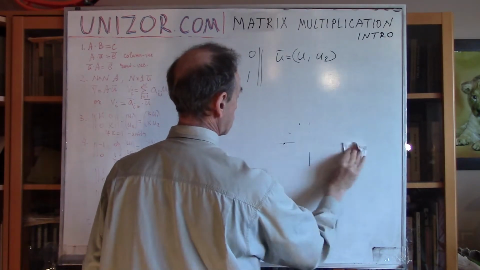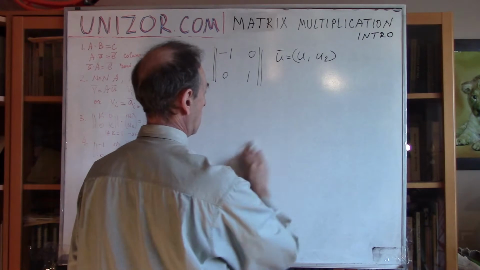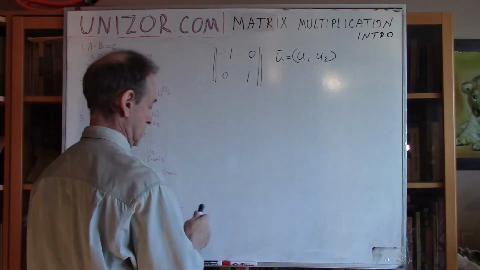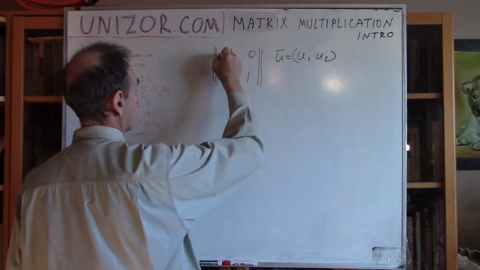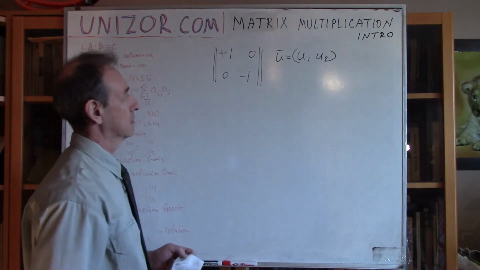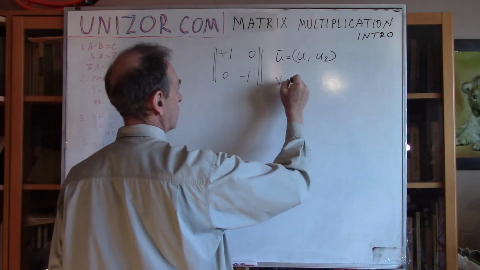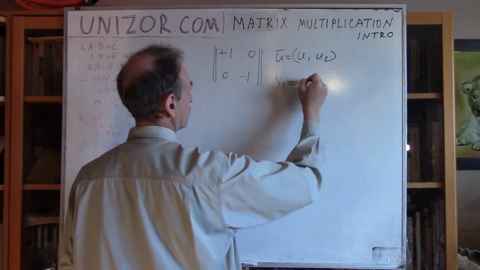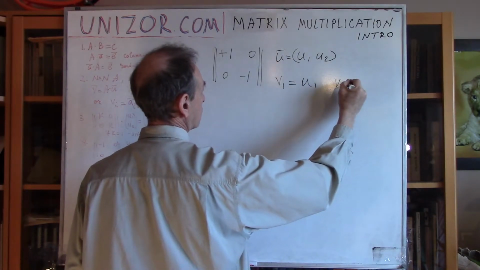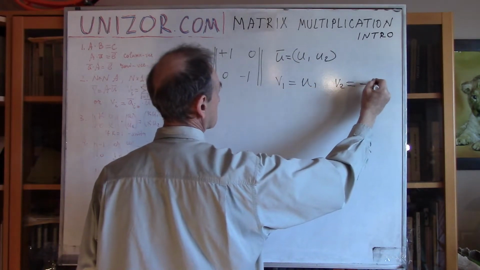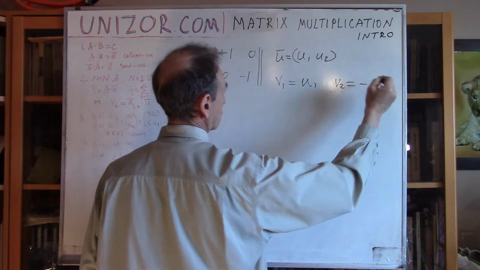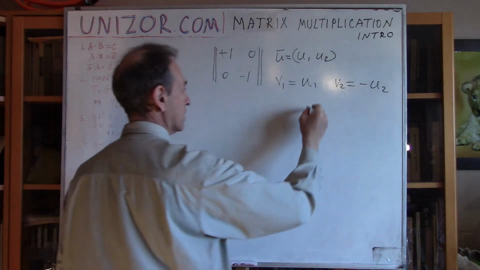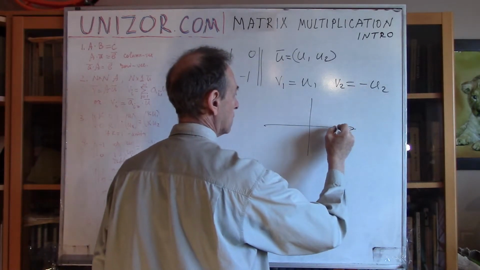as I'm sure you will be very comfortable with. Now this would be plus, this would be minus. Then v1 would be equal to u1, and v2 would be equal to minus u2. So what is this?